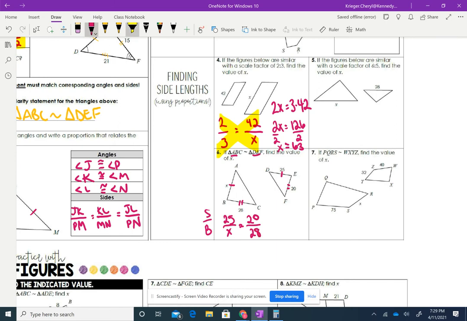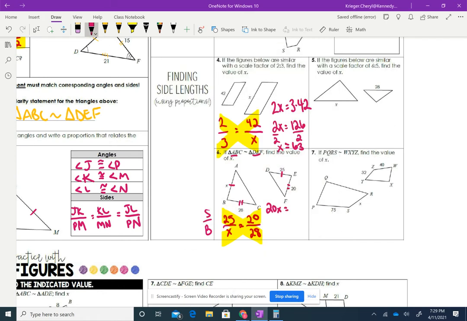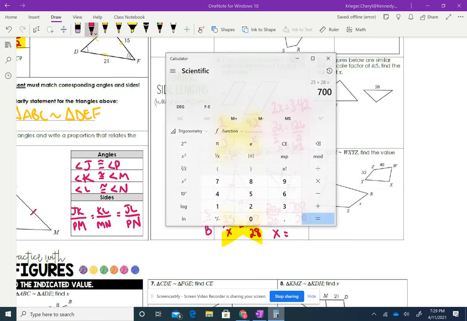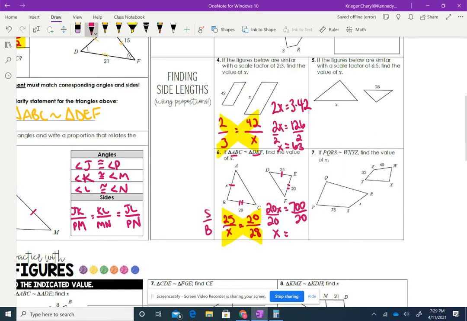Okay, cross multiply. 25 times 28 equals x times 20. 20x equals 25 times 28, 700. x equals 700 divided by 20. 35. Should have known that.